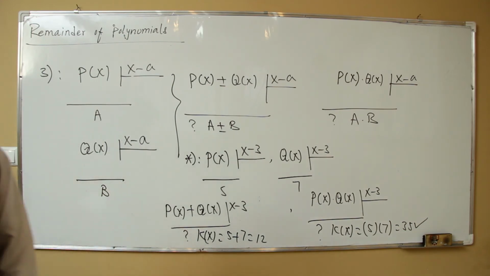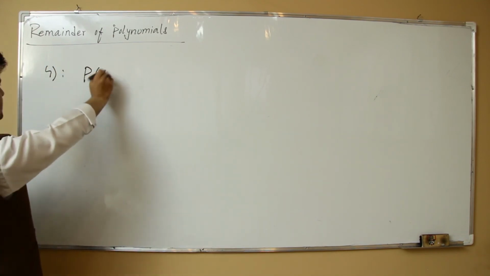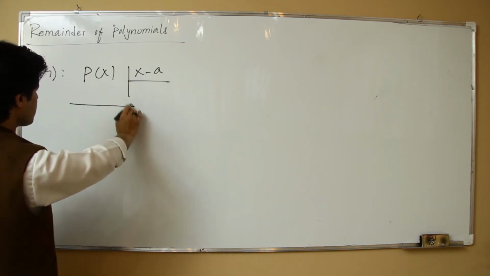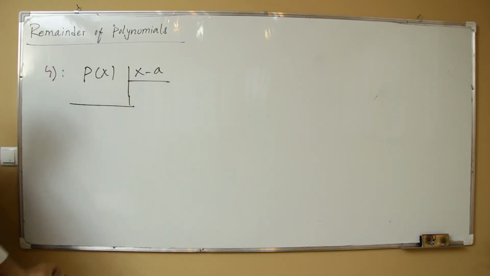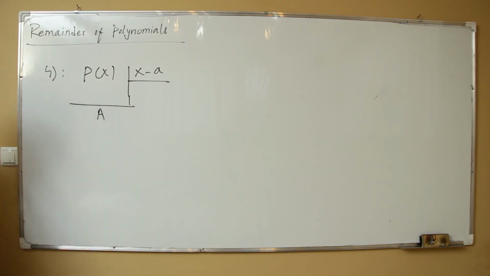Write it, please. Number 4. If p(x) is divided by x minus a, the remainder would be, for example, a.